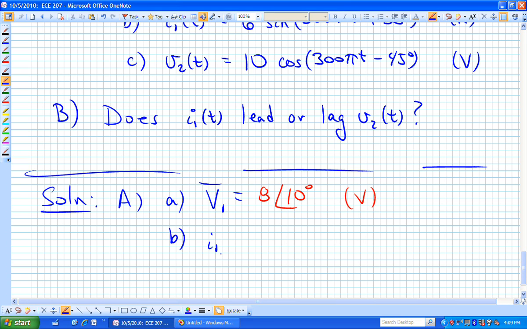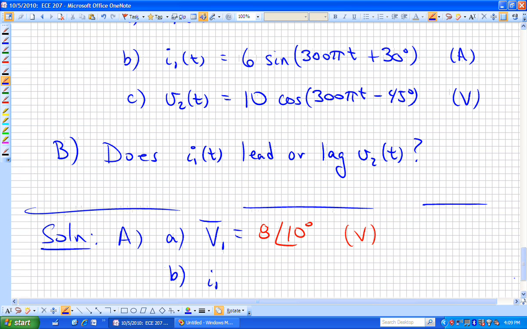All right, what's I sub 1? I gave that to you in terms of a sine, and I gave V sub 2 in terms of a cosine. You really need to convert one to the other. In this class, let's keep everything in terms of cosines. Once you've converted, you can compare their relative spacing.